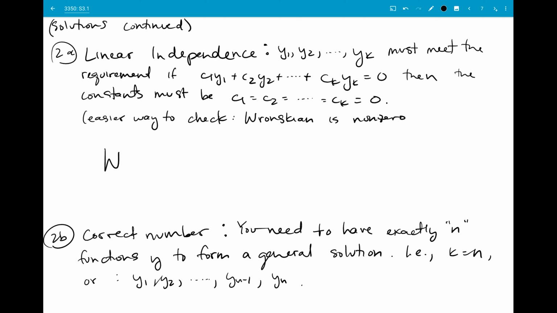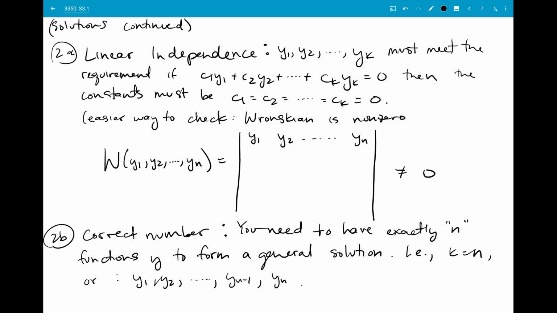The Wronskian is something where you plug in those n functions that you have into a determinant.